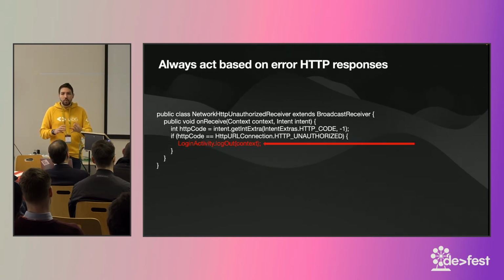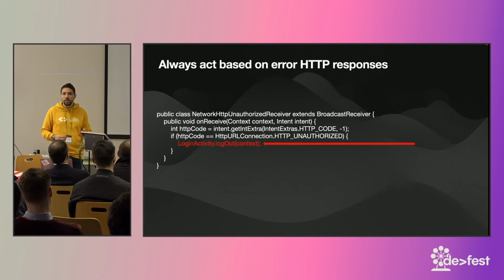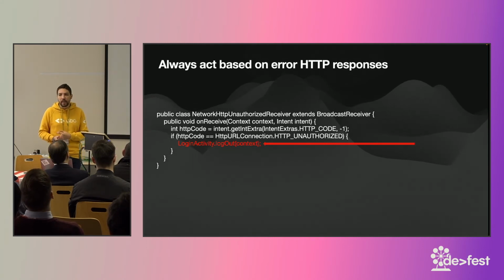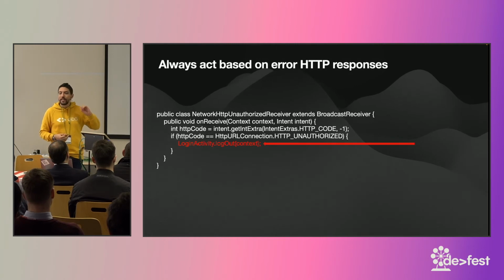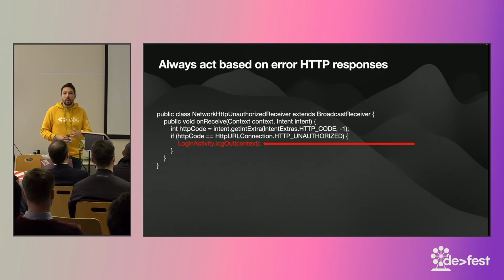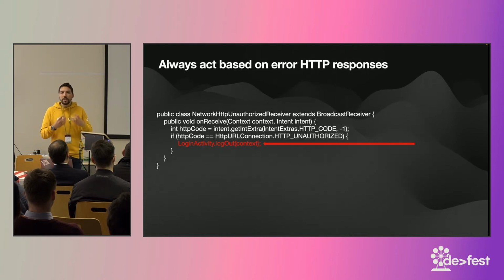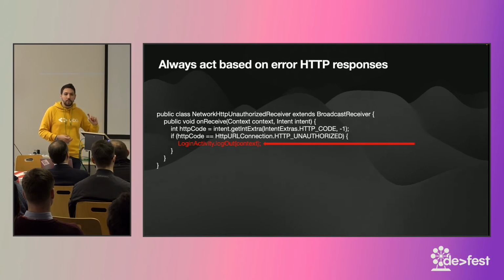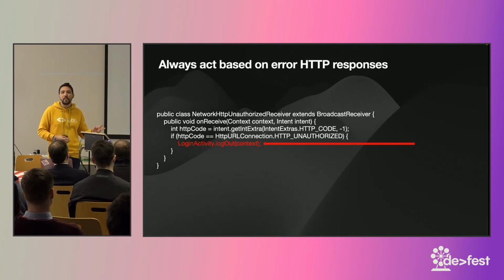We might want to clear our sensitive data. We might even want to blacklist this MAC address in order to not even send anything to it. So what I'm trying to tell you is that we should always have a plan for what's happening on those wrong or error HTTP responses.